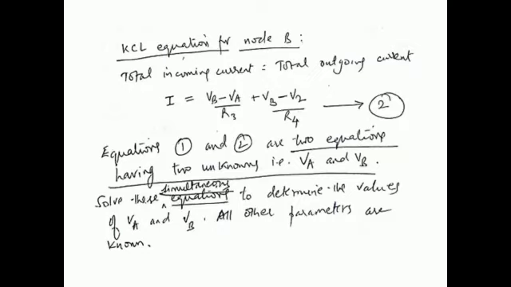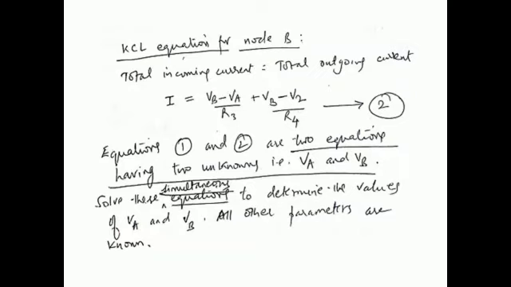Similarly, for the KCL equation for node B, again taking the total incoming current to be equal to the total outgoing current, the total incoming current is I, which is equal to the total outgoing current, (VB minus VA) by R3 plus (VB minus V2) by R4, and let this be equation number 2.